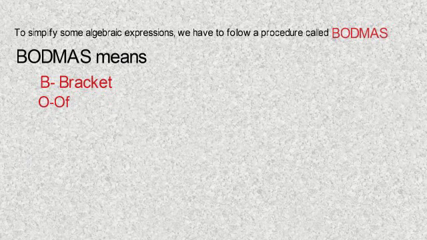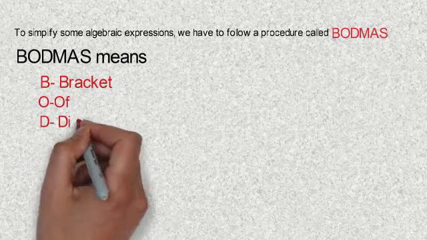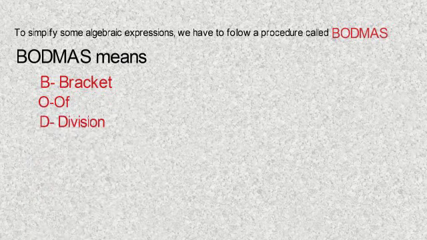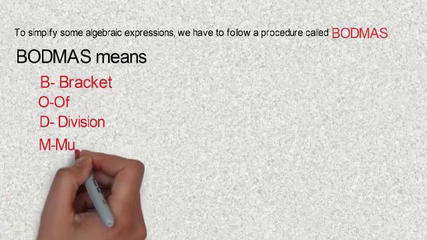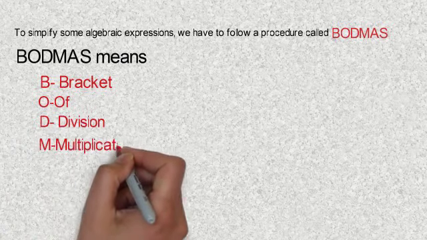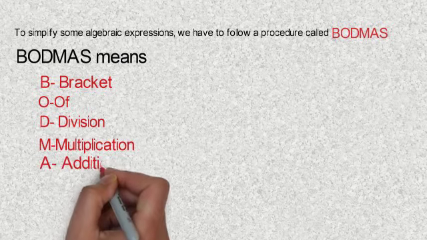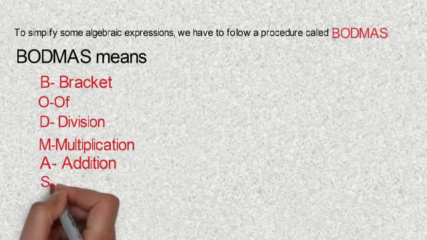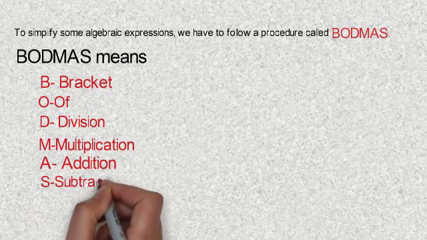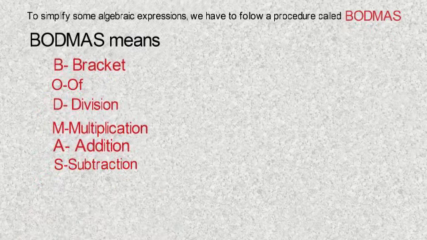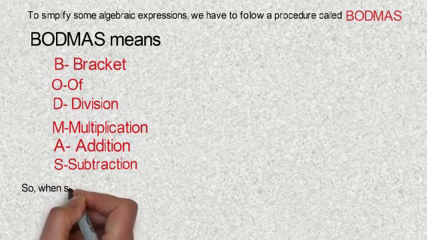B stands for bracket, O stands for of, which is also multiplication, D for division, M for multiplication, A for addition, S for subtraction. So that is the meaning of BODMAS.